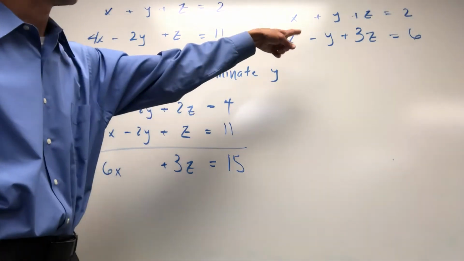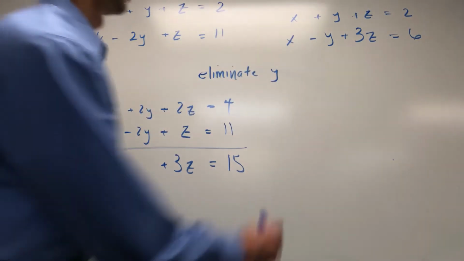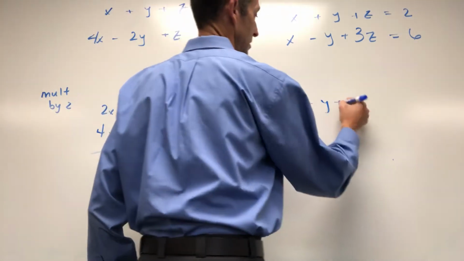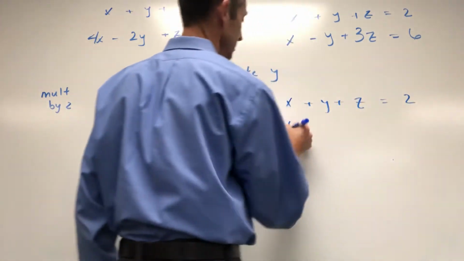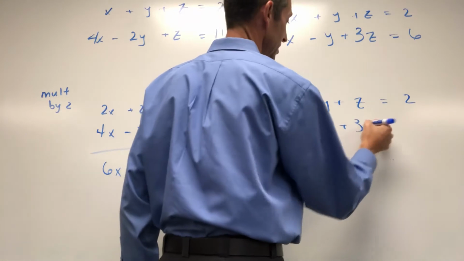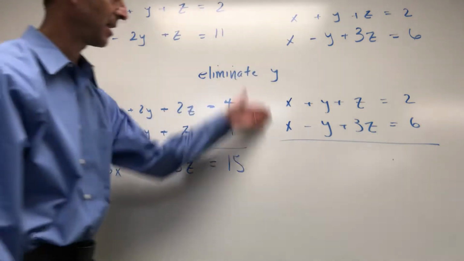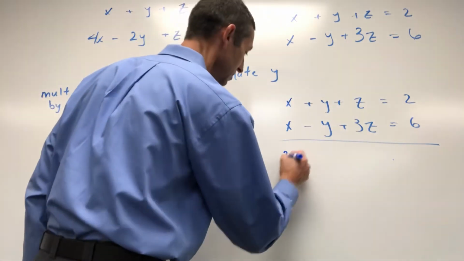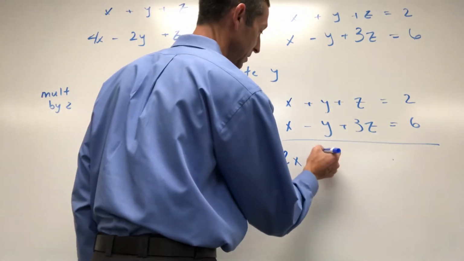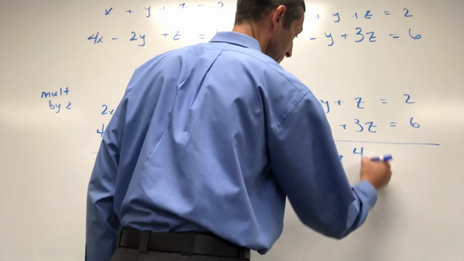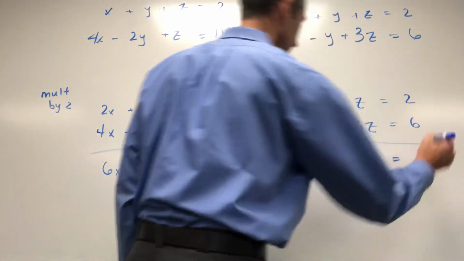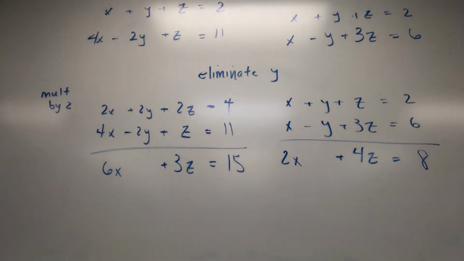Now we have to come over there and eliminate the y. This is great because I just slide in the bottom equation and they're already set to eliminate. Add all my columns straight down. This is 2x, boom, the y is gone. This is plus 4z equals 8.